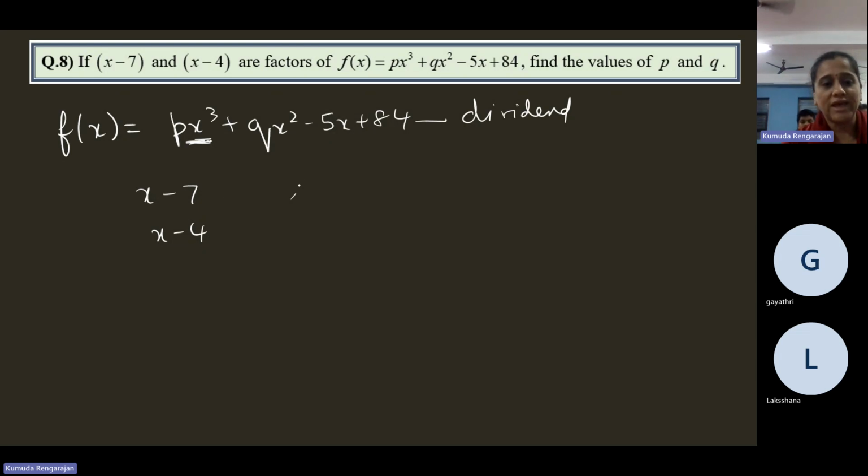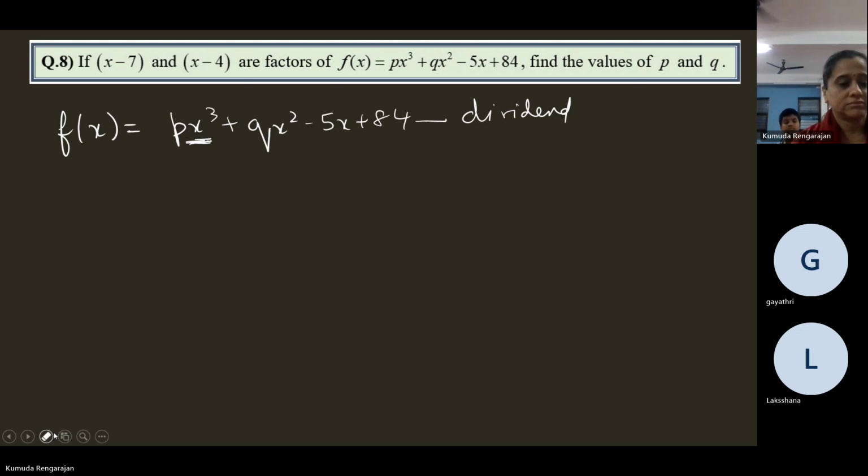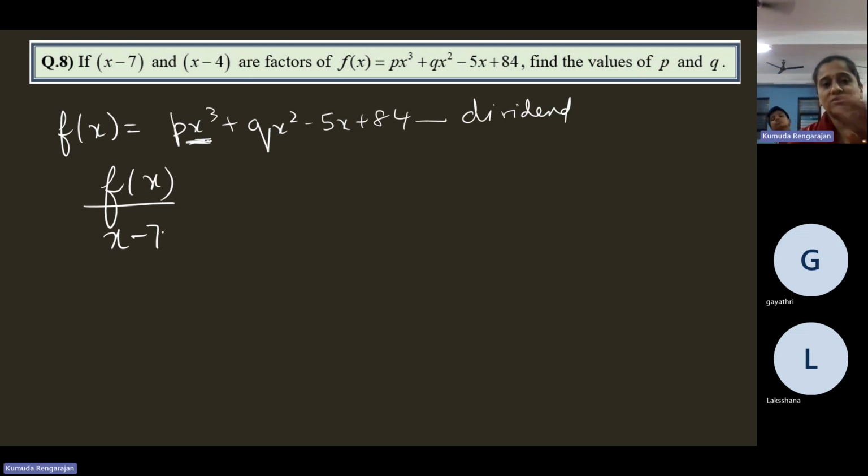Now when you divide f of x by x minus 7, what's the remainder? 0, because x minus 7 is a factor of f of x. So the remainder will be 0.